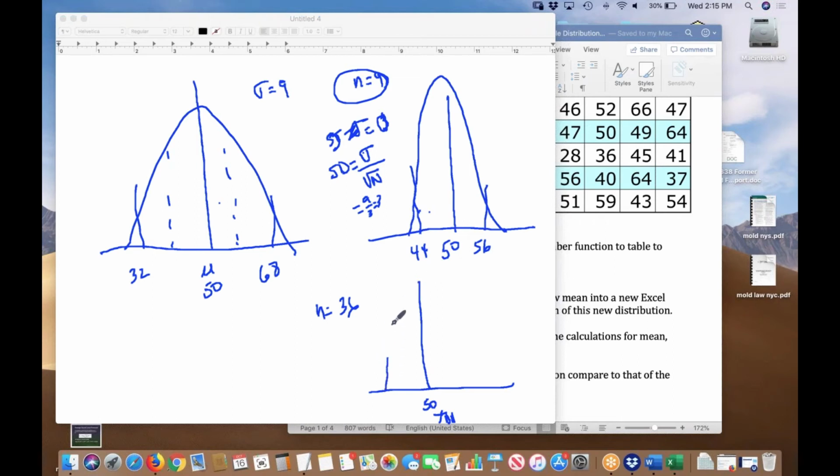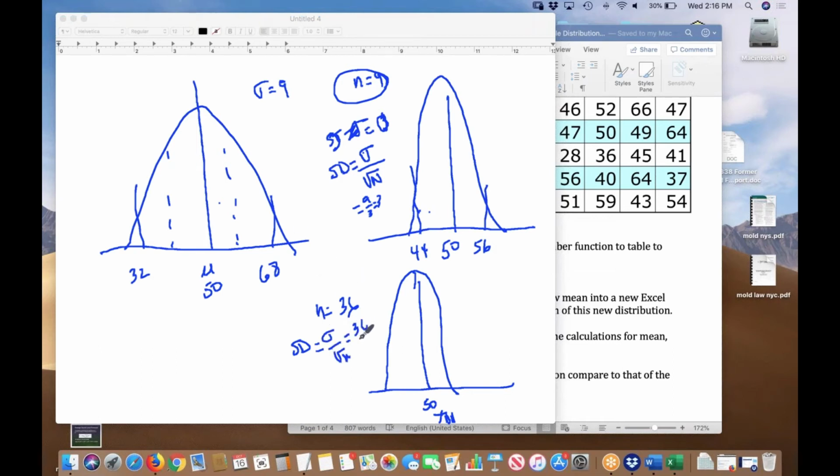Again, it will be normally distributed, except it's going to be even narrower this time. And the standard deviation of these repeated sample means is going to be equal to the standard deviation of the population over the square root of the sample size.